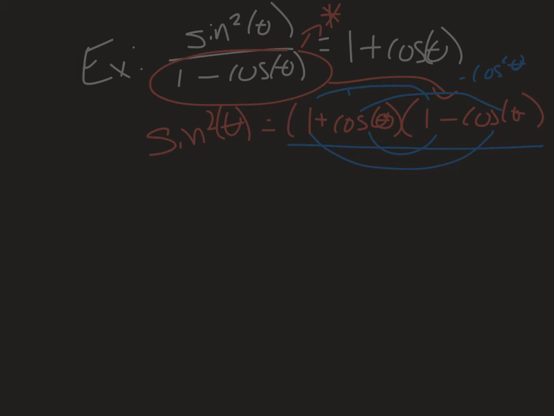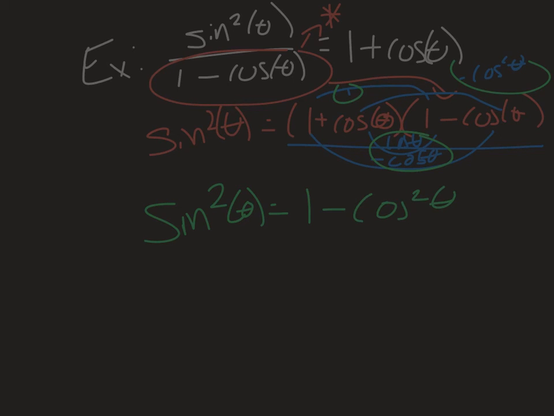Then I'm going to have cosine times 1, which is just cosine, positive. Then I have 1 times a negative cosine, which is going to be a negative cosine of theta. You may notice that these two bottom terms here will cancel out, which will work out for us. So next step in the equation, I have sine squared of theta is equal to what's left up here, 1 minus cosine squared of theta.